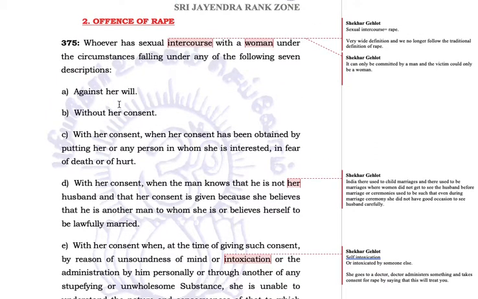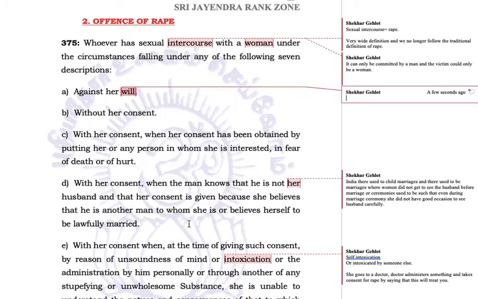Now again come back to against her will, without her consent. Against her will and without her consent. What is the difference between both these things? Now the difference is that, first of all, against her will means directly raping someone by using force.